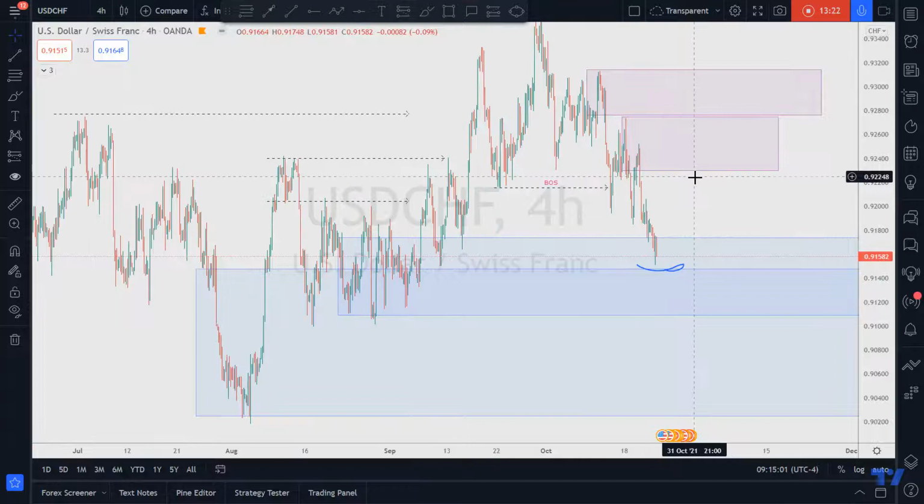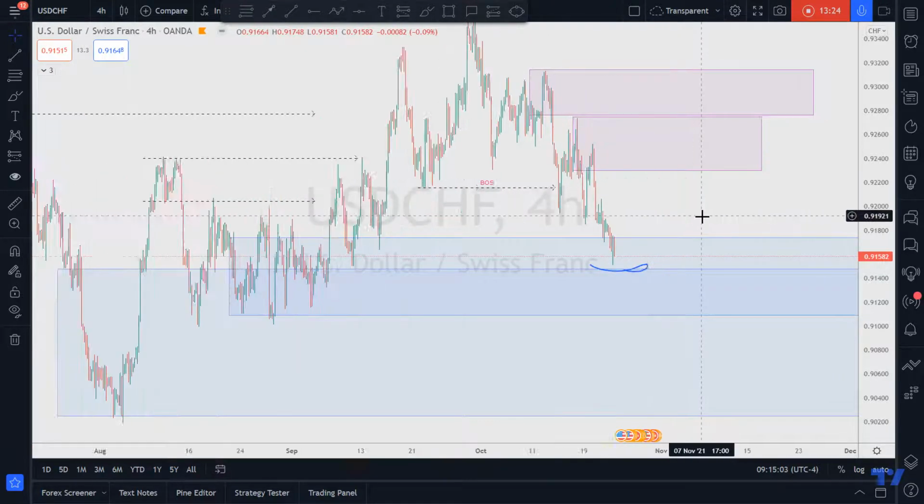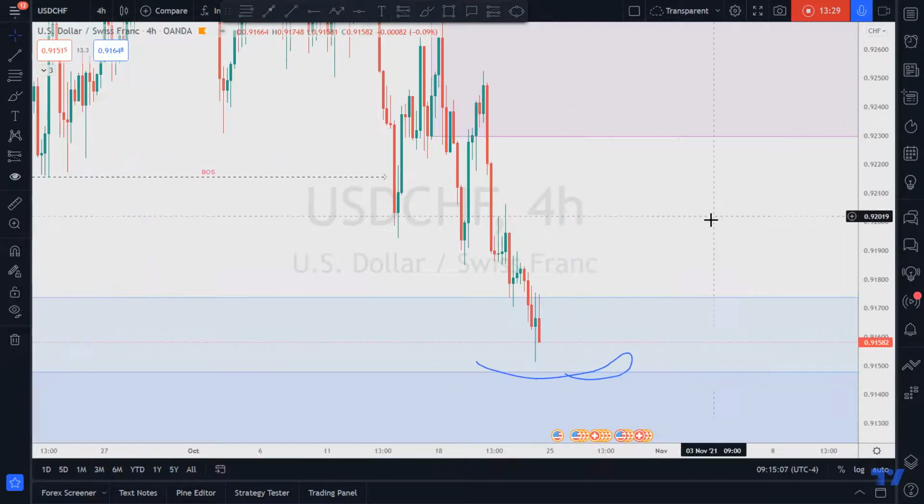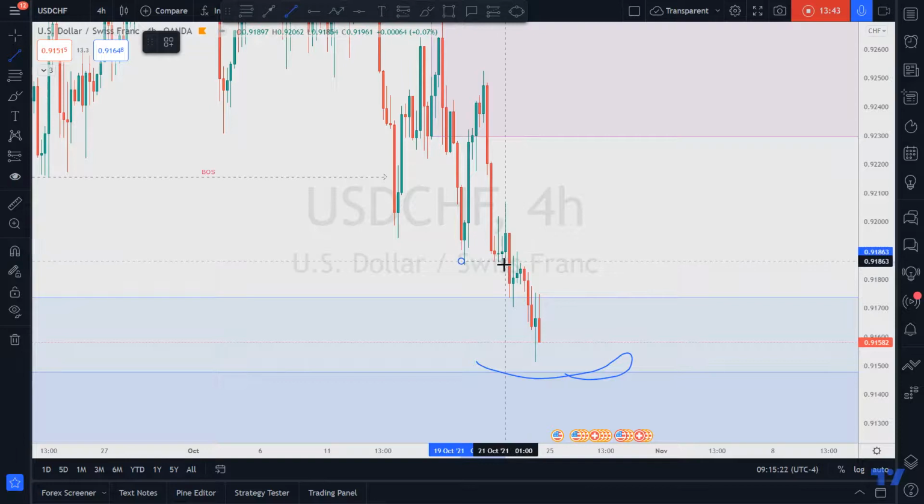Great. The last significant break of structure on the 4 hour, as we make this low, this high, and then break that low. That is the last break of structure to the downside.